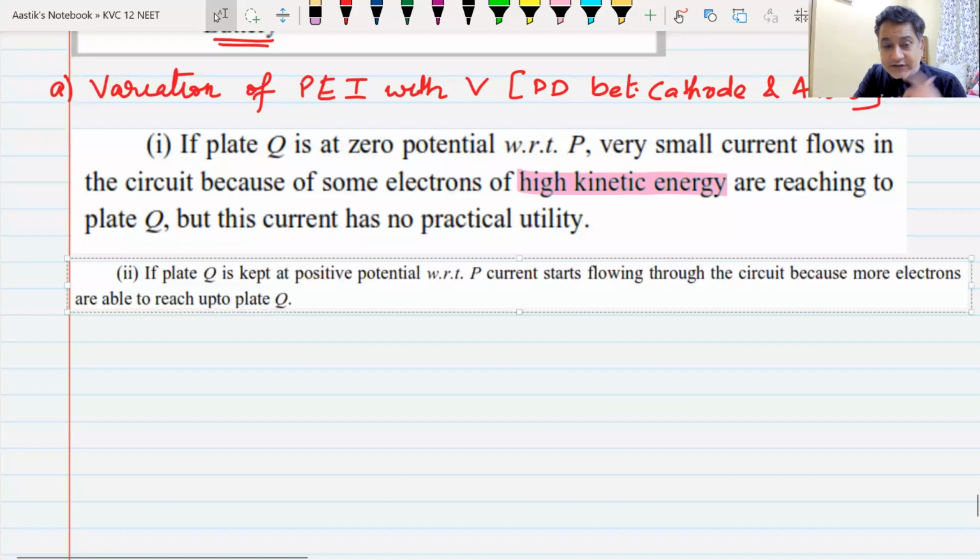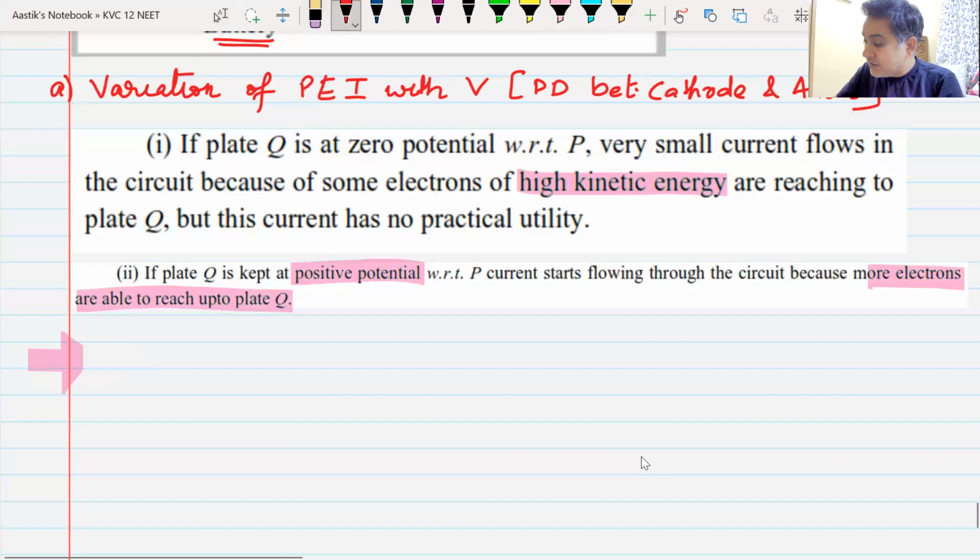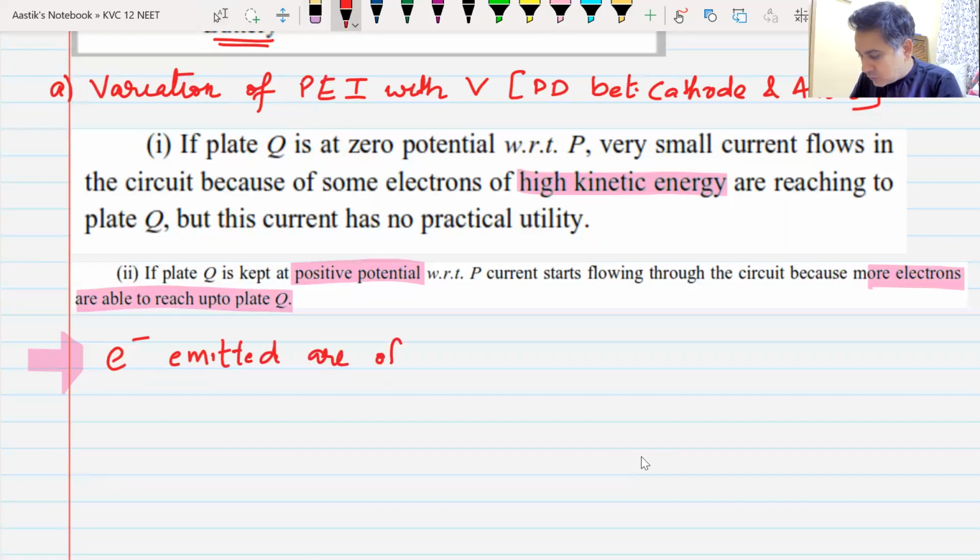As the anode is made more and more positive, current increases because more electrons which had lesser energy are now able to reach the plate Q. That means from these two statements, we can find out that the electrons which are emitted are of different kinetic energies.